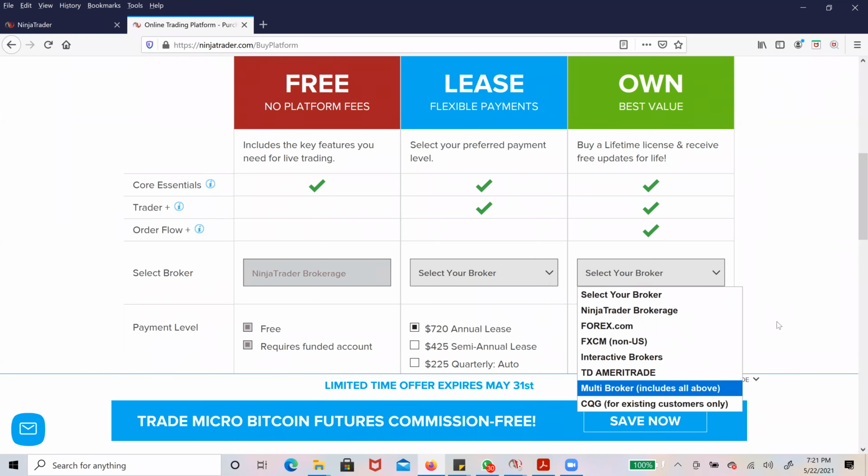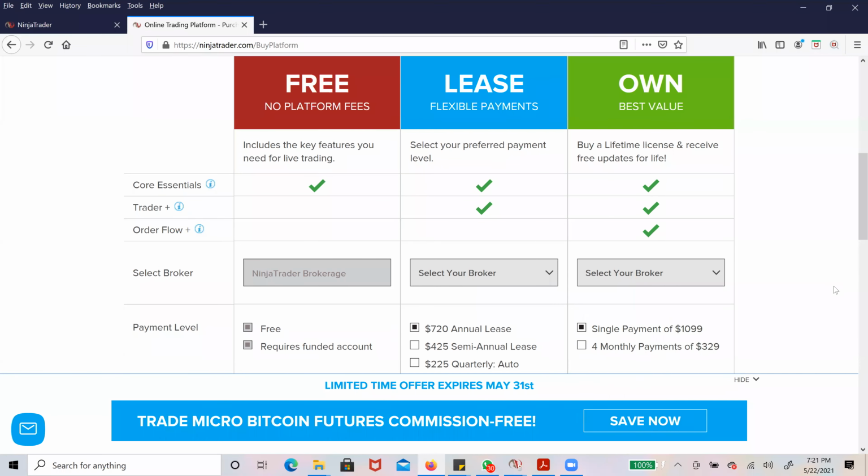Okay, so I'm going back to the NinjaTrader platform website. When you go here, there is a free platform. Check with Amit and Mudassir for the Canada perspective on how they are going to allow the free option. But the reason I'm suggesting to go for the own option is that you are buying the full license, and you don't have to pay a single dime for the entire life.